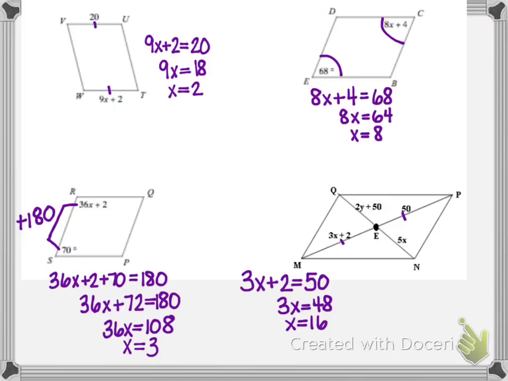All right, so now on this other guy, I have 5x. He's on the diagonal of NQ. So I'm going to set that equal to the other part of NQ. So 2y plus 50 is going to be equal to 5x. So 5x equals 2y plus 50.